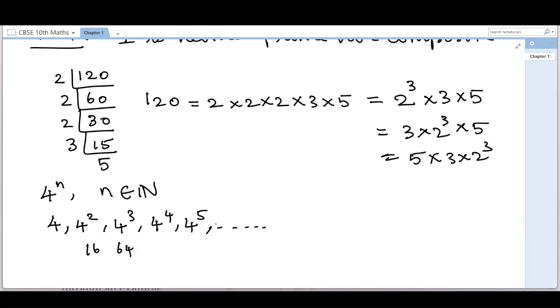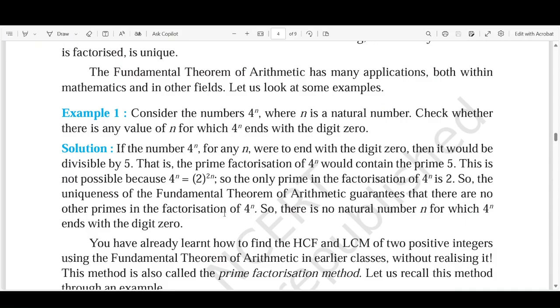So is there any possibility that for a particular value of n, this 4 power n will have a value whose last digit will be 0? Let us assume the number 4 power n for some particular value of n will have a value whose last digit will be 0.